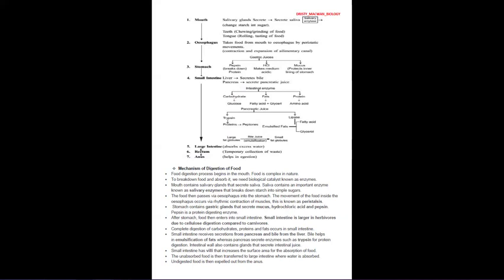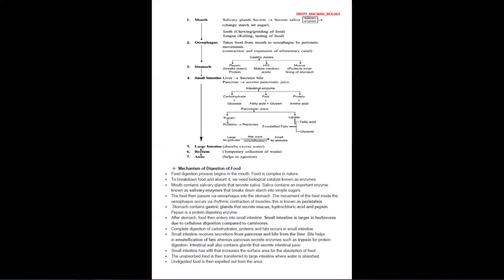Now the stomach has a specialized juice, that is gastric juice, which is secreted inside it, and this gastric juice contains three things. The first is the pepsin enzyme, the second is HCl, and the third is mucus.